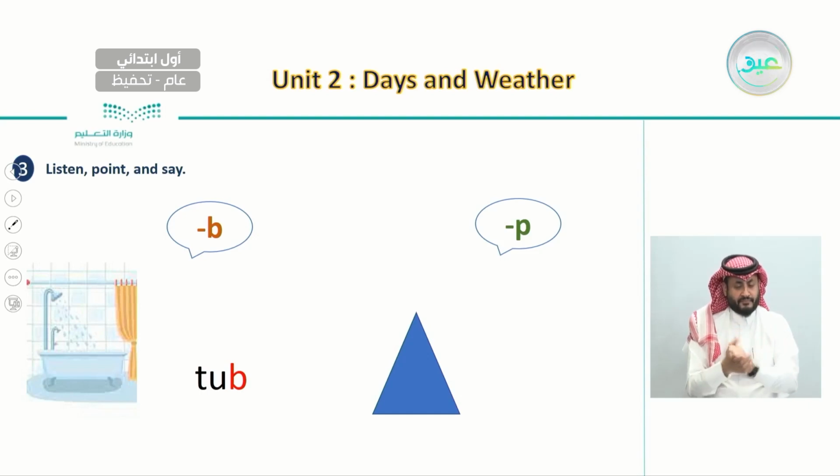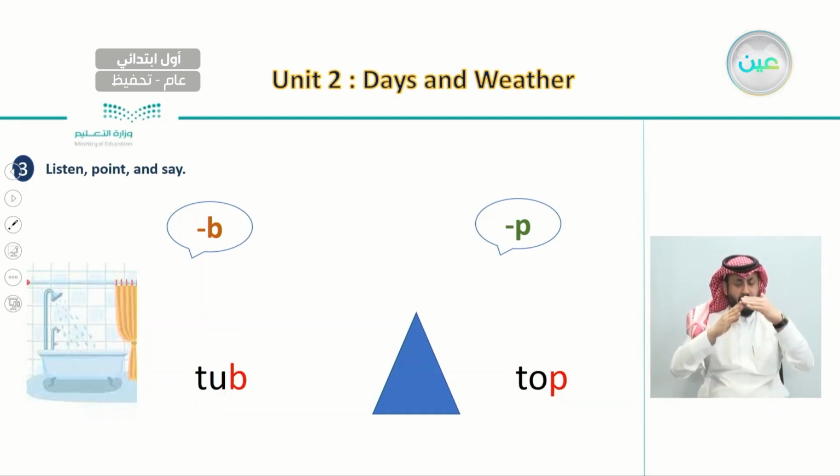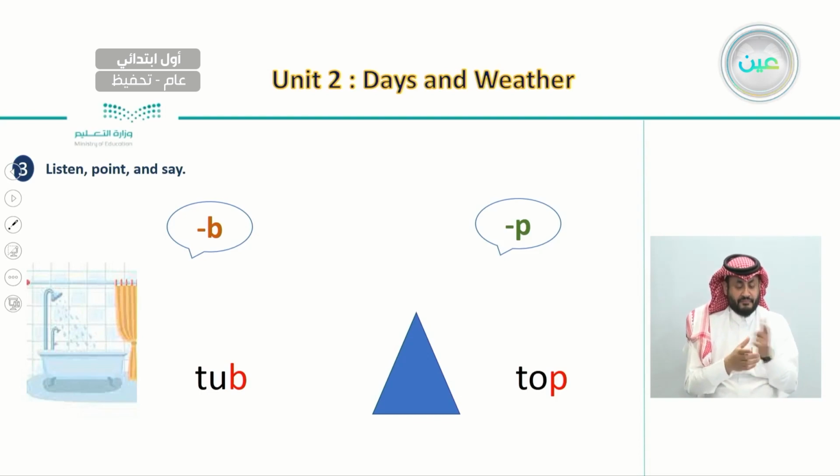And also a word that ends with letter P, like the word top. Top. So here we have tub, and here we have top. So these are the differences between words that end with B and words that end with P.